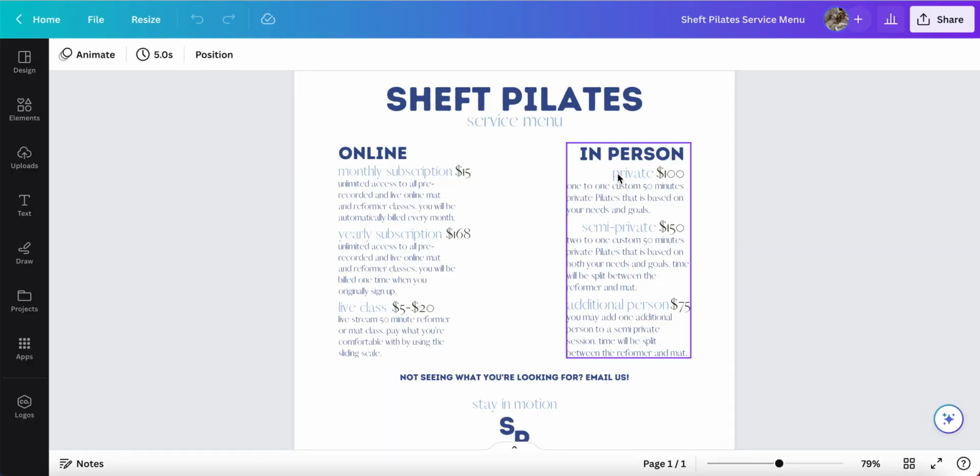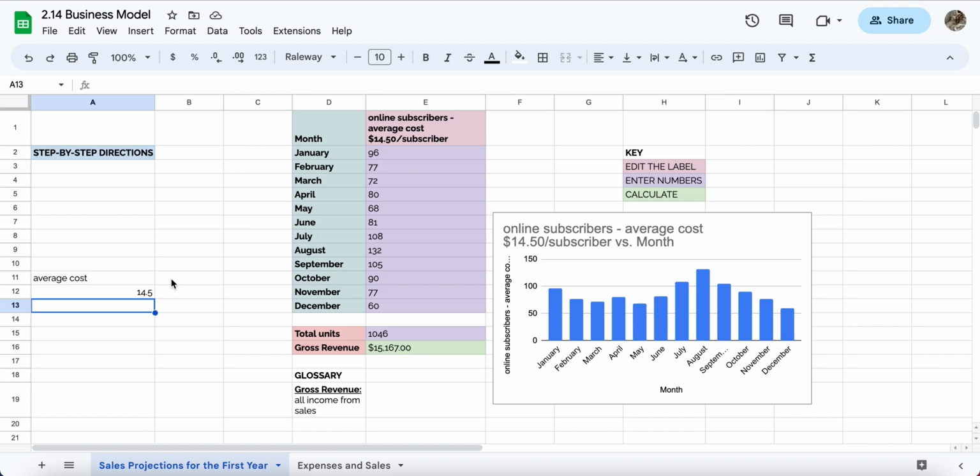Let's say I also wanted to calculate how much I would make for in-persons, just for private and semi-private, for the cost of these two, which maybe you can do the math in your head. But again, to find the average, I would do equal sign, parentheses, 100 plus 150, divided by 2, and that gives me 125.